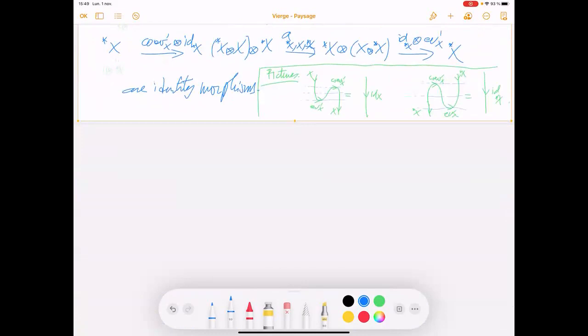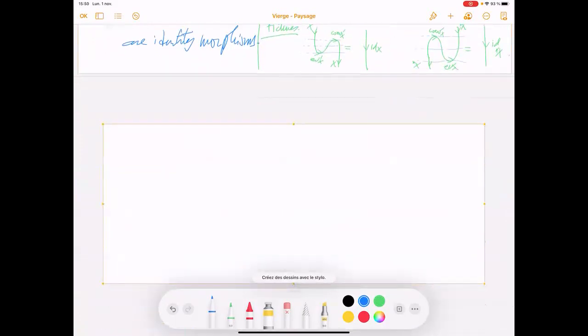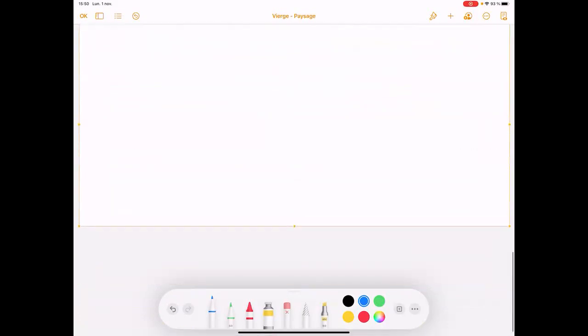What about now? So we have a notion of left dual and right dual. And what is the relation between the two? So we can prove something easy.